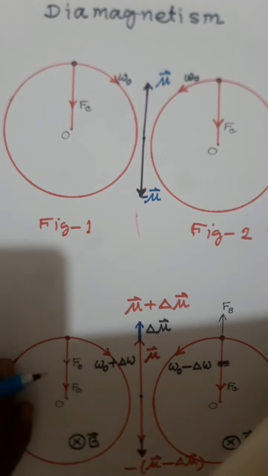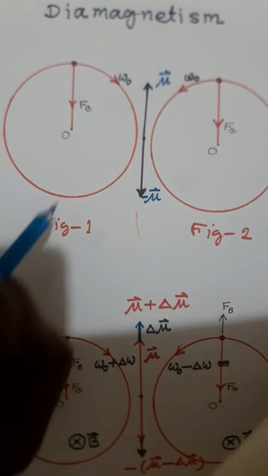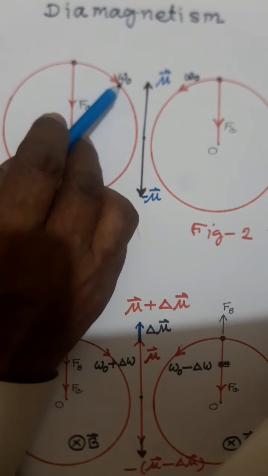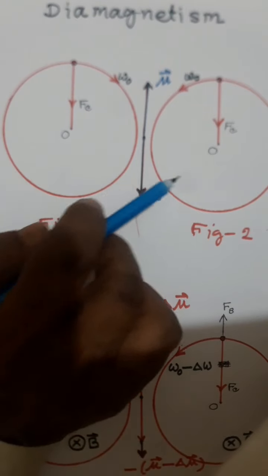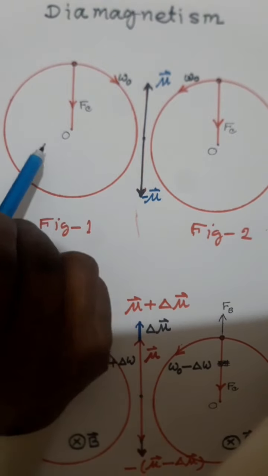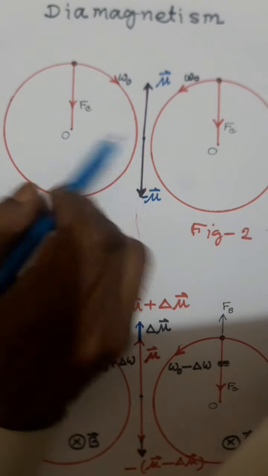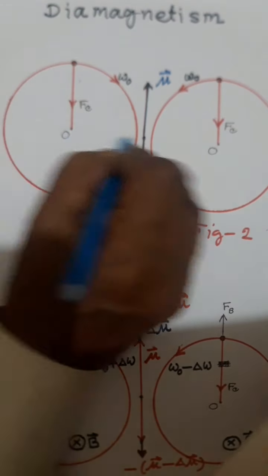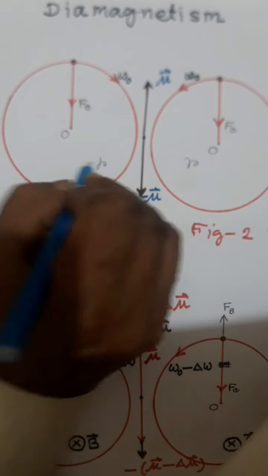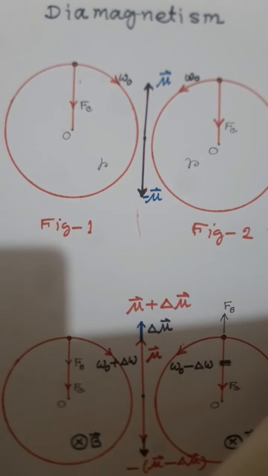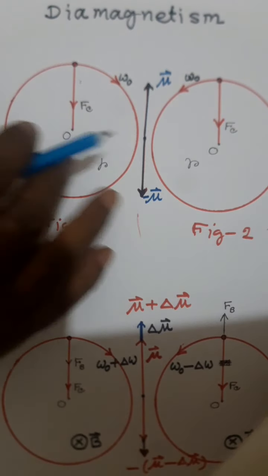Both the electrons are revolving with the same angular speed omega naught in two circles of the same radius, that is equal radius r. We assume that the electrons are revolving in the plane of our page.